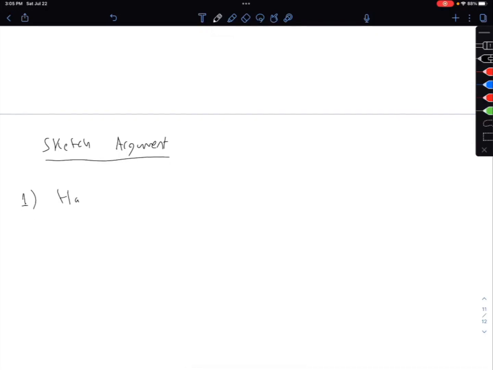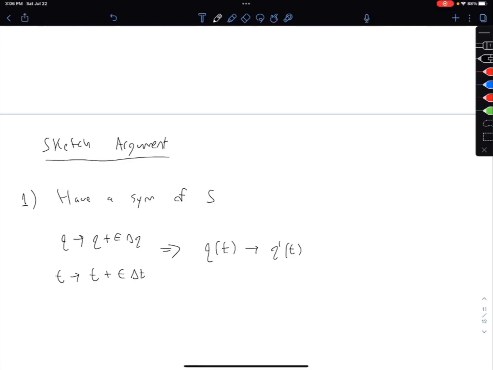Okay, so we have a symmetry of the action, and that's going to be q goes to q plus epsilon delta q, and t goes to t plus epsilon delta t. And this causes the actual path to transform. q of t is going to go to some q prime of t.